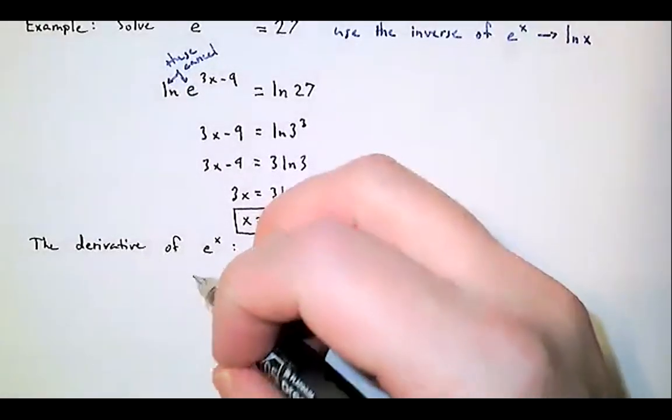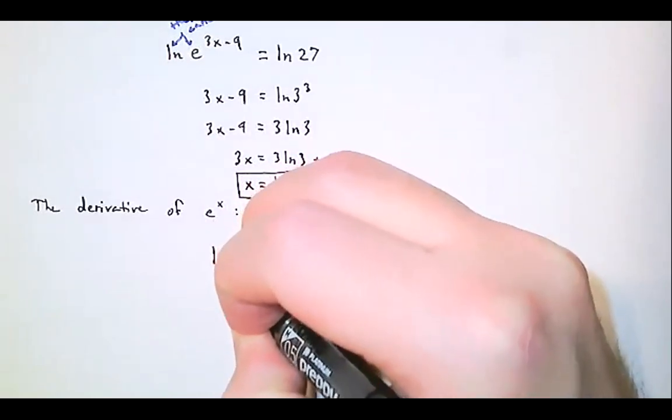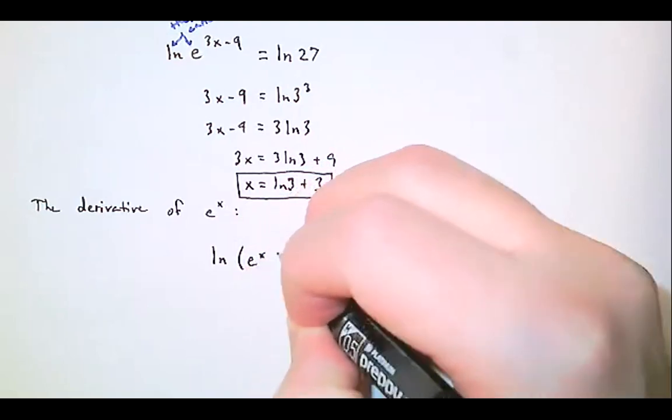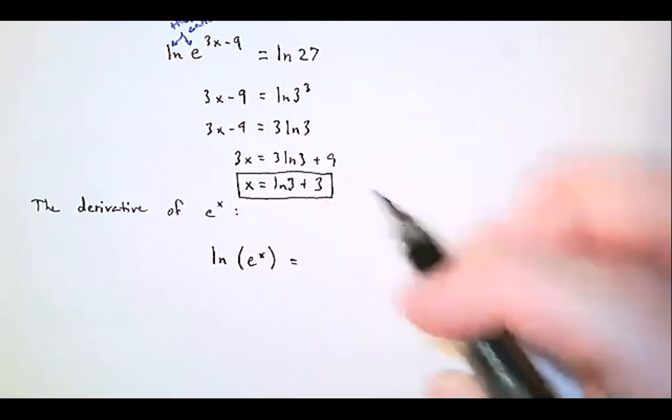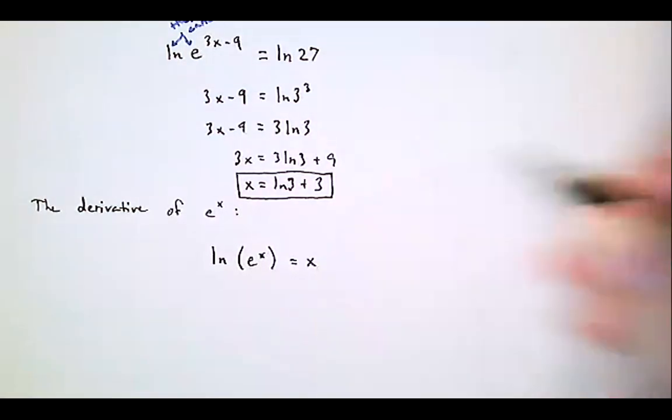So the basic idea, if you remember, is that the natural log is the inverse of e to the x. So when we write this, they cancel each other and you're left with x.